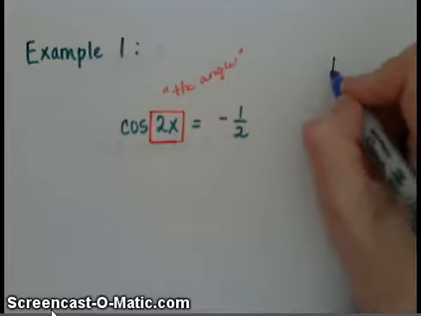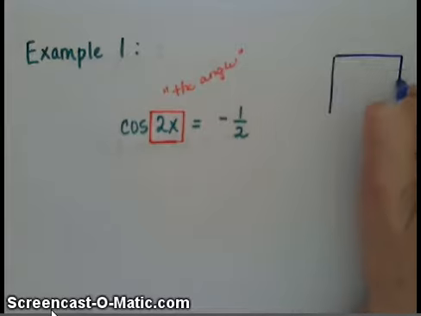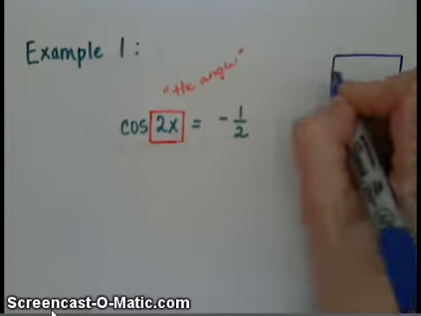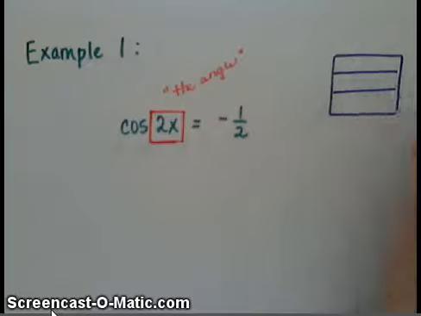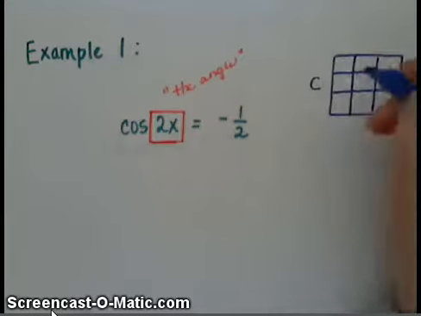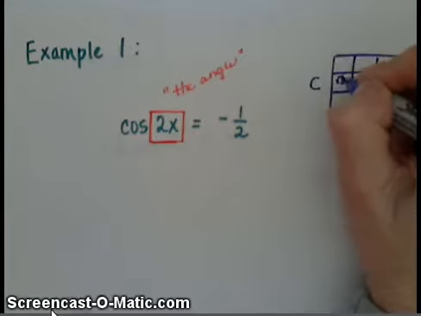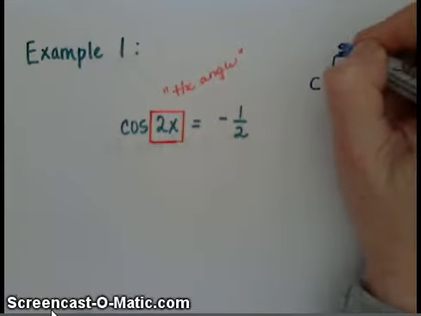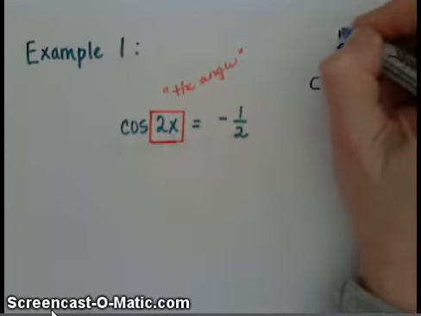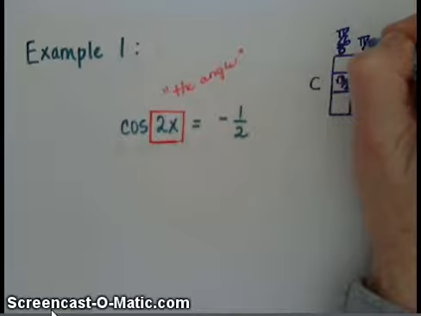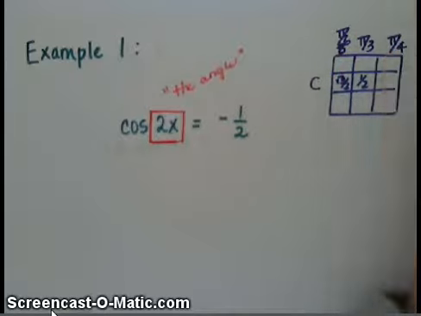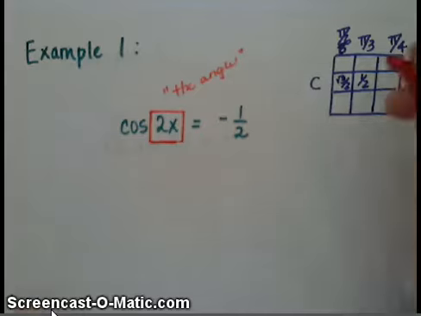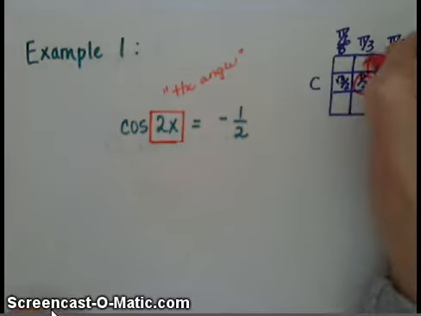Okay, now in your 9-part chart, I'm just going to draw a part of it here. Here's the cosine row, and here is the square root of 3/2, and here is the 1/2. This is pi over 6, pi over 3, pi over 4, and right there, the cosine is 1/2 for pi over 3.